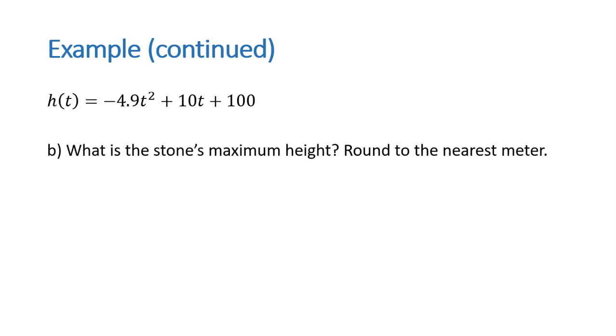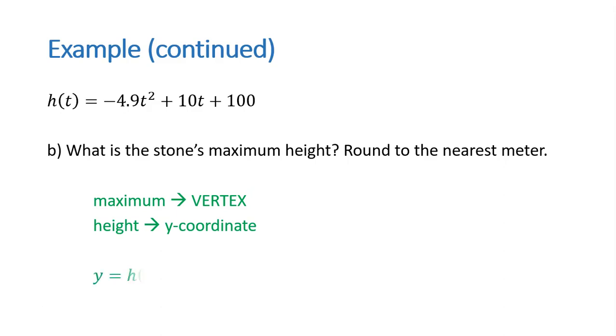What is the stone's maximum height? And we want to round to the nearest meter. So again, keyword maximum. We've got that word again. So maximum means vertex. And since we want a height, now we're looking for the y-coordinate of the vertex. Well, I know what the x-coordinate is, or in this case, the t-coordinate, if we're thinking of t as the input. If I want to find the output that goes with that, I just plug in the input value that I just found.